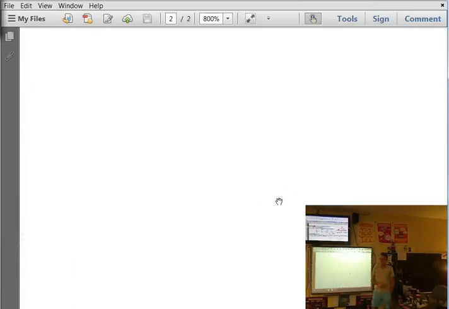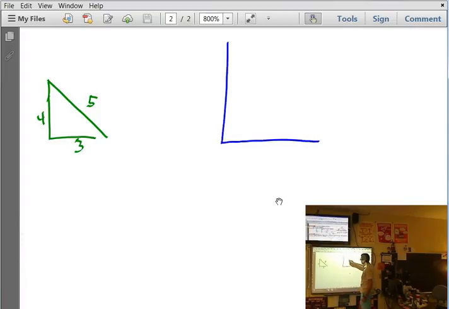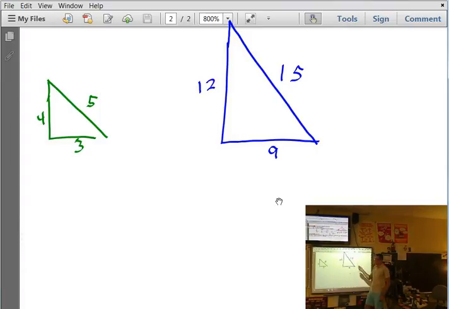Okay. That's fixed. So if I set up my 3, 4, 5, we know that this is similar to any dilation of it. So let's do 9, 12, 15. So this is a dilation factor of 3, right? Yes.